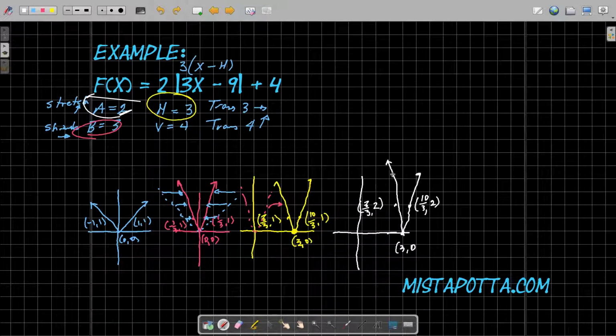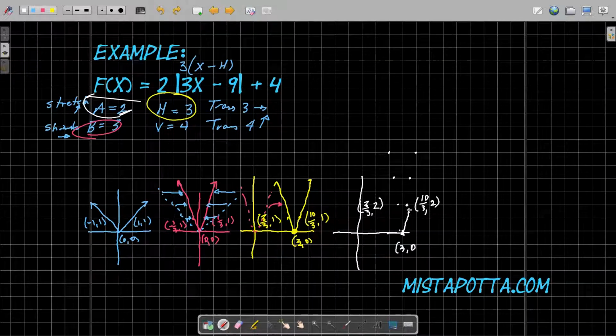It's actually going to hit, ooh, I drew that horribly. Let me redraw that just a little bit better. So it should be at 10/3, 2, so about a third of the way right there, and then another third of the way, 2 more up, and then another third of the way, 2 more up. And similarly, a third of the way, a third of the way, and a third of the way.